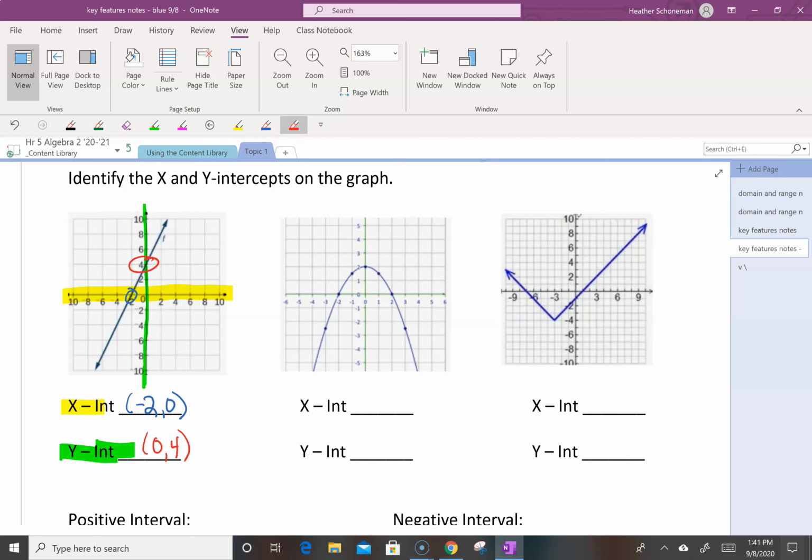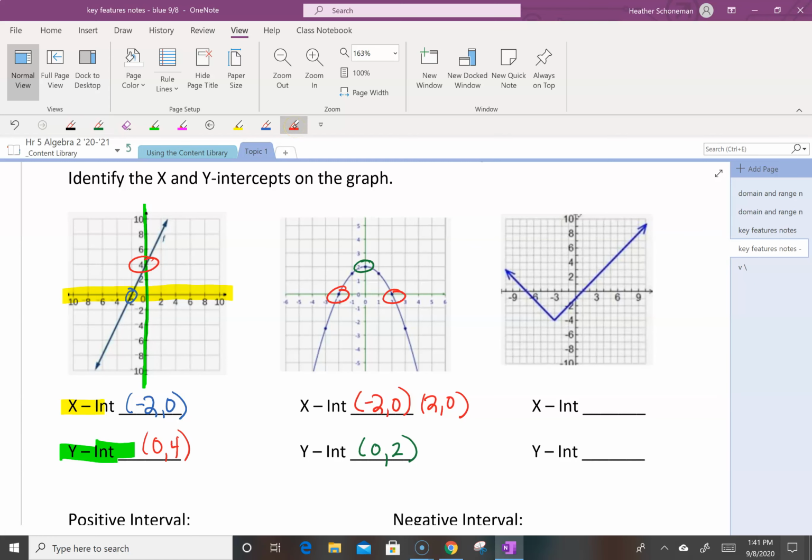Okay, so over here on the second one, the 2 points where it crosses the x-axis would be -2, 0 and +2, 0. Where it crosses the y-axis is up here, so lots of 2's, but this one is 0, 2. Notice the x-intercepts are a number, 0, and the y-intercepts are 0, some number.